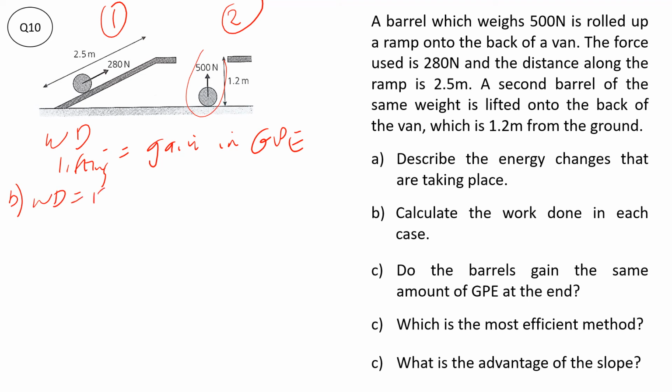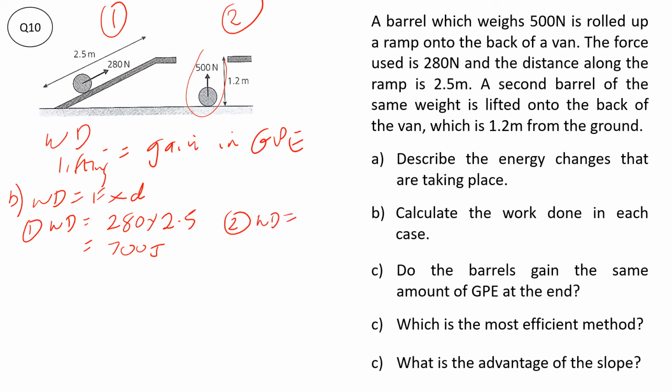Work done equals force times distance. Situation 1, it's going to be work done equals 280 times 2.5 meters. So 280 times 2.5 is 700 joules. Situation 2, same work done equals force times distance.